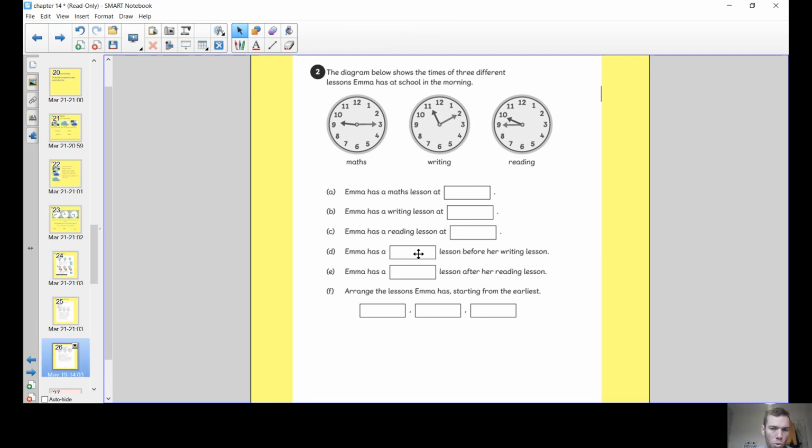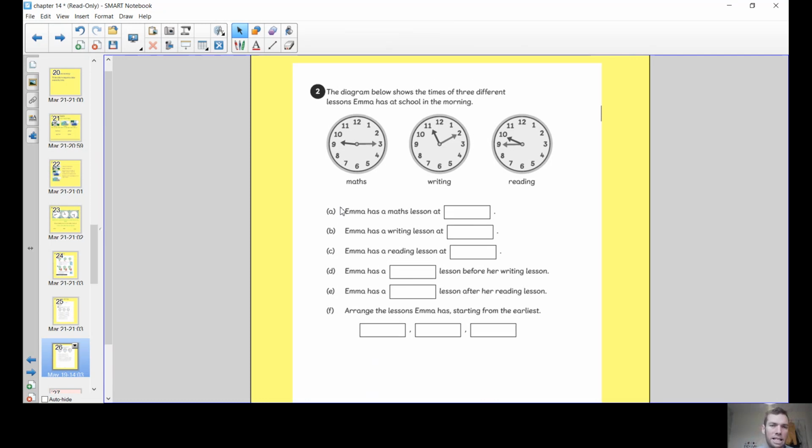Is it maths or reading? And Emma has a something lesson before her reading. Is it maths or writing? Finally, you need to arrange the lessons Emma has, starting from the earliest. So is it maths first, or is it writing first, or is it reading first? And you can put them in order from earliest to latest.